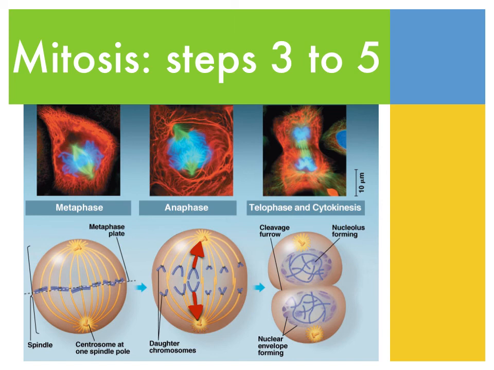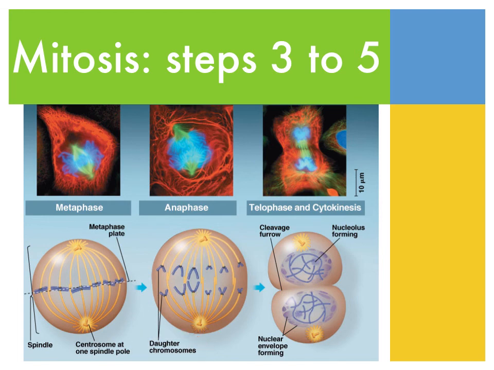So at this time, instead of calling them sister chromatids connected by one centromere, you now call them daughter chromosomes because they are fully individual chromosomes at this step. They will move progressively towards the centrosomes, or the poles of the cell, and this will separate all the genetic material equally so that each side of the cell will receive one copy of each sister chromatid made during the S phase.